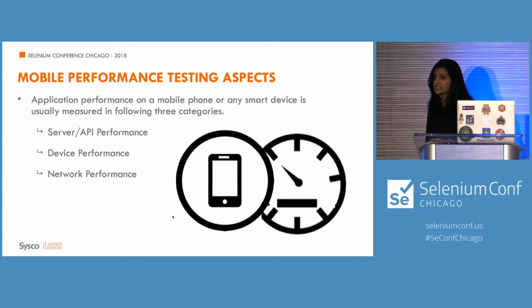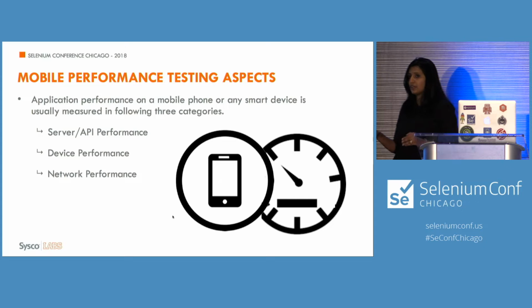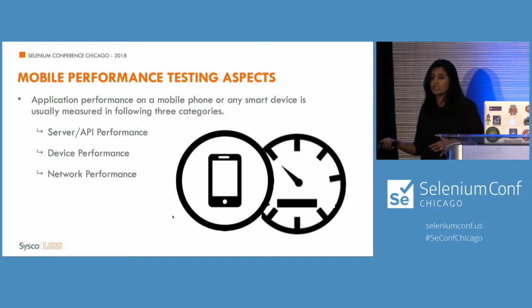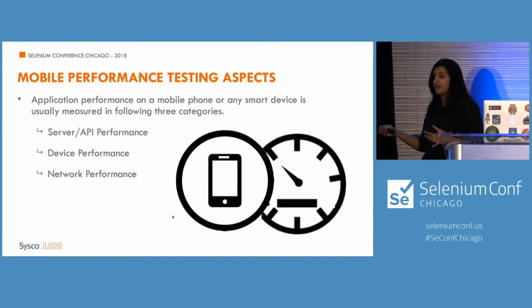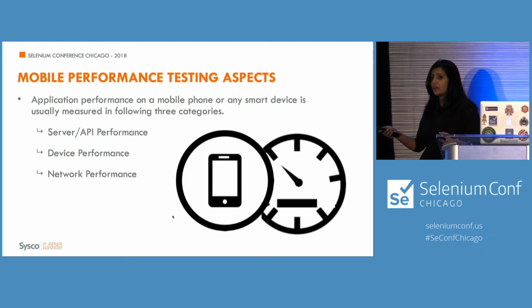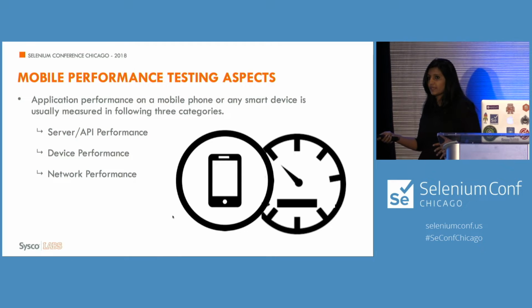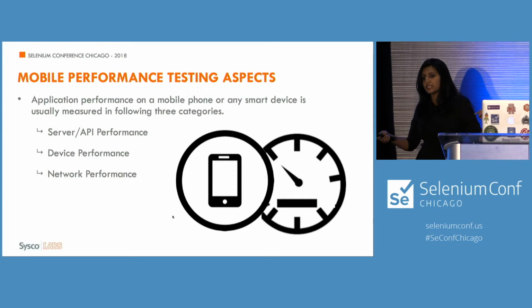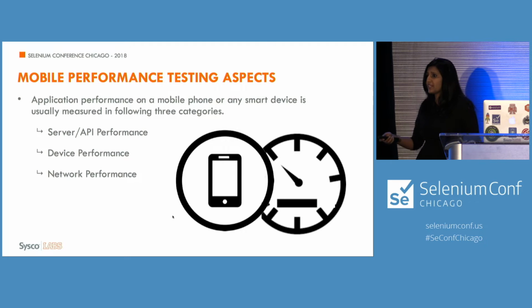So we always consider the server API performance testing. Even when it comes to a web application or desktop web application, we think of the API performance. But when it comes to mobile, there are other aspects like device performance. As an end user, you would have complained saying, this particular app is draining my battery, this particular app is using too much of my data, or it's just taking too much memory.